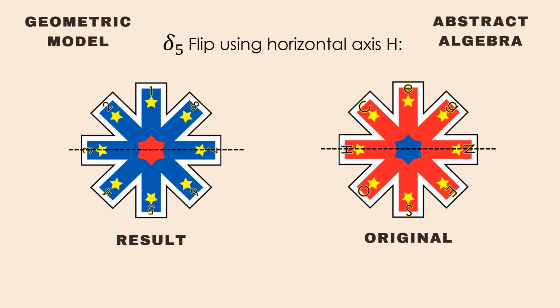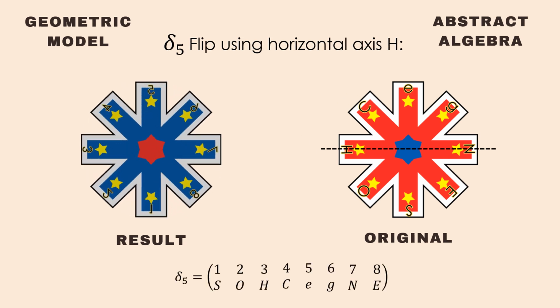Next, we have delta sub 5, flip using horizontal axis H. So 1 maps to S, 2O, 3H, 4C, 5E, 6G, 7N, 8E.